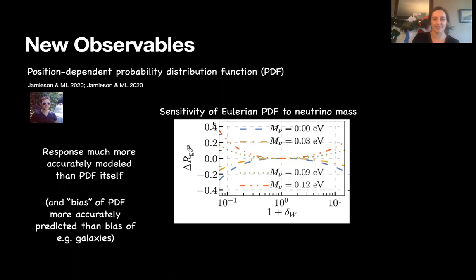So this is a plot showing how this response contribution to the bias is sensitive to different values of the neutrino mass. And you can see the most underdense regions or the most overdense regions are most sensitive to changes in cosmological parameters, which is perhaps not surprising.